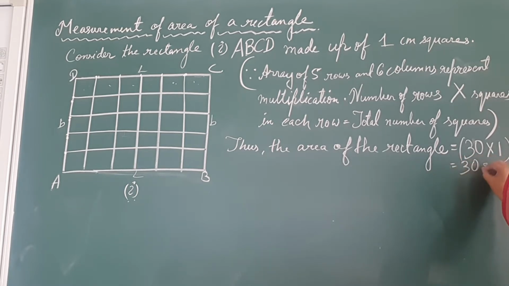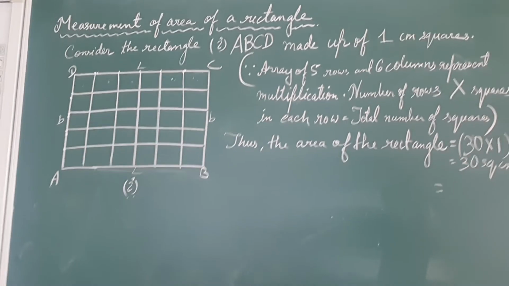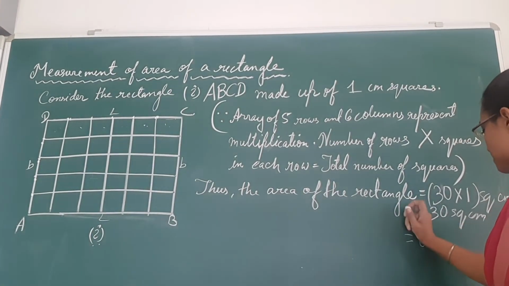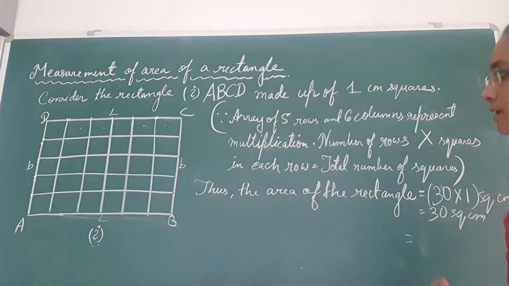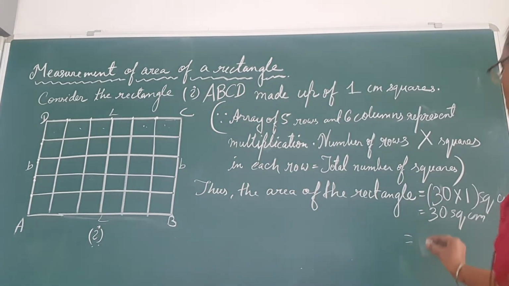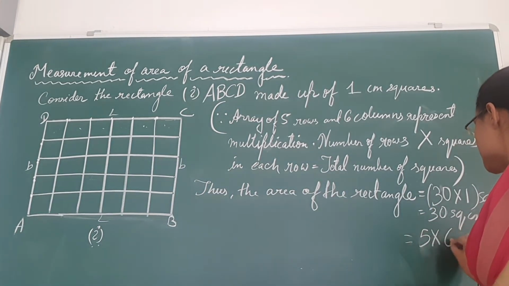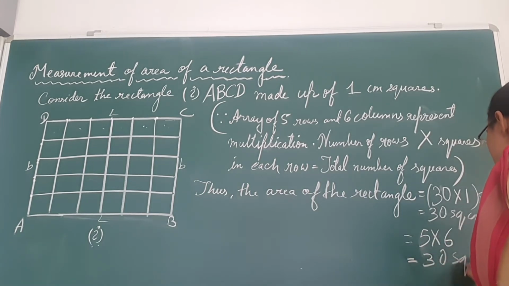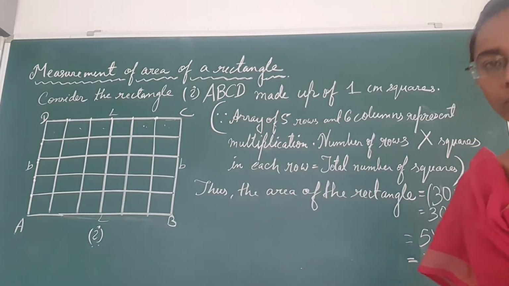So 30 square centimeters. Now if you do it through multiplication, you can directly do it: number of rows 5 into 6. So that will be equal to 30 square centimeters.